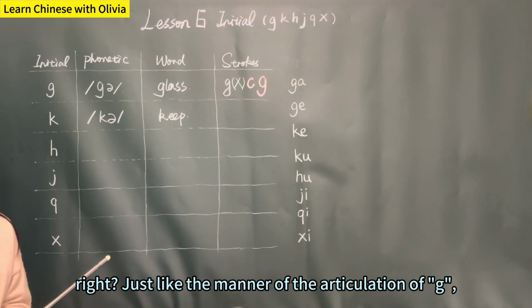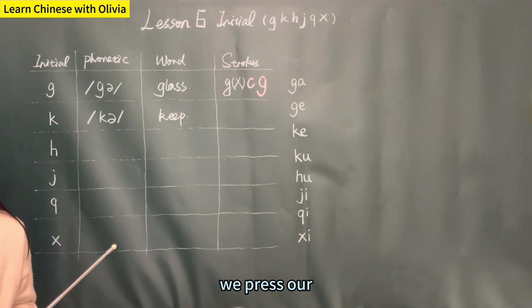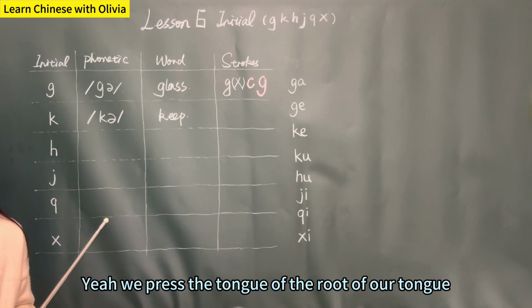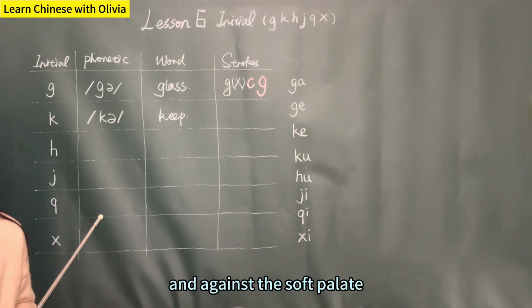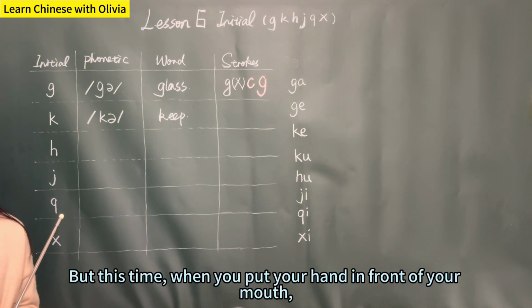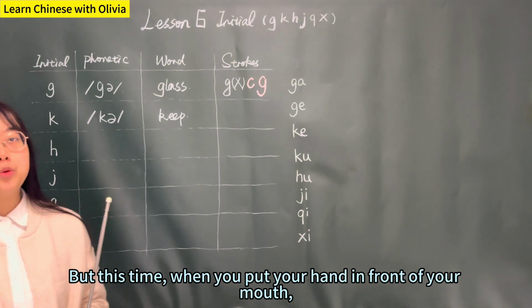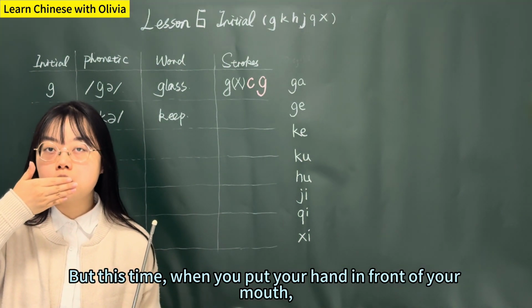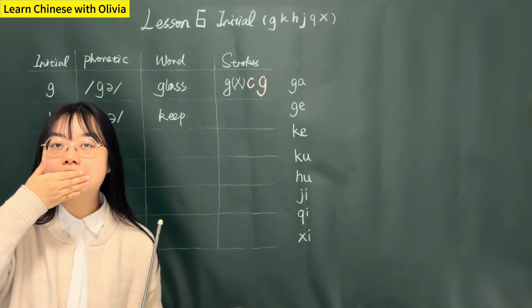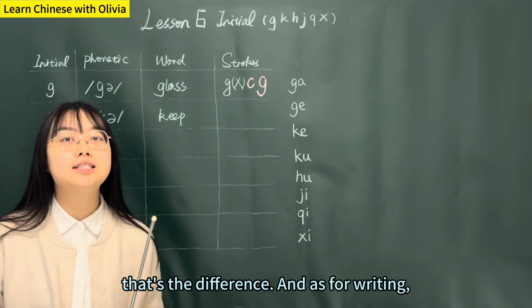Just like the manner of the articulation of G, we press the root of our tongue against the soft palate, and then allow the airflow to squeeze out from our mouth. But this time, when you put your hand in front of your mouth, you can feel an intensive airflow. K, K, that's the difference.